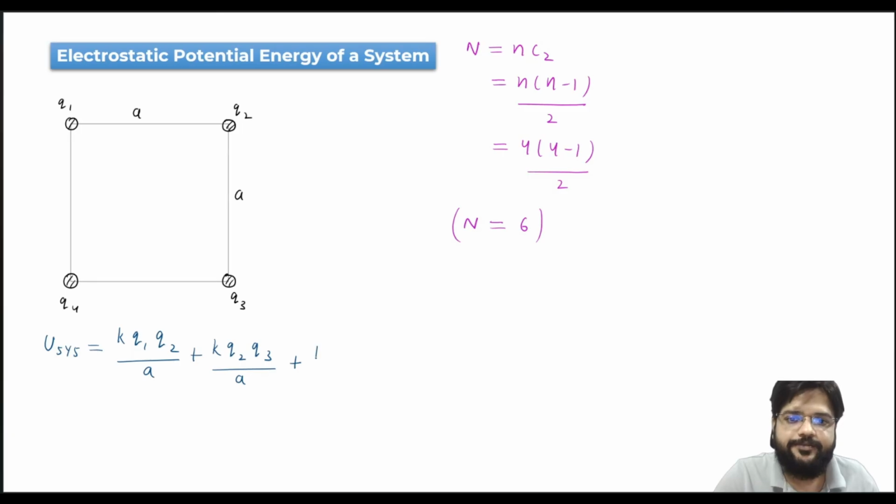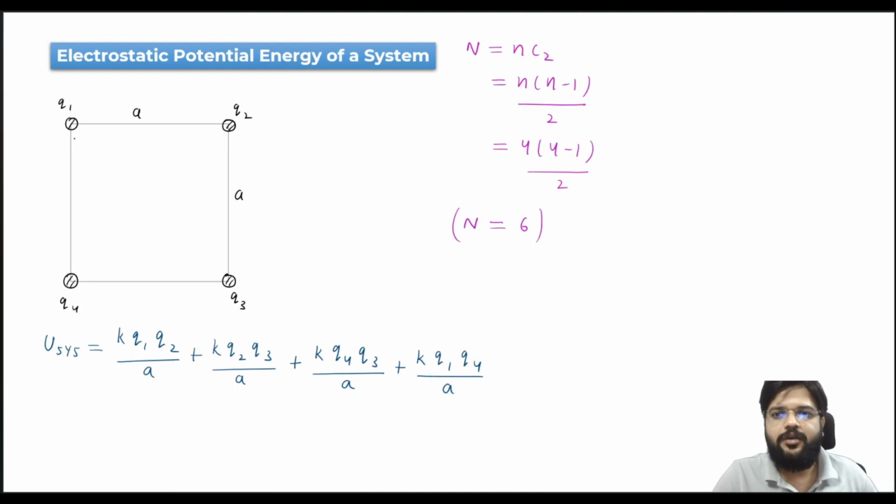So it is K Q4 Q3 divided by A. Then between fourth and 1, so it is K Q1 Q4 divided by A, everyone.